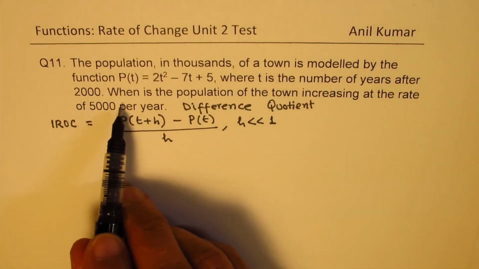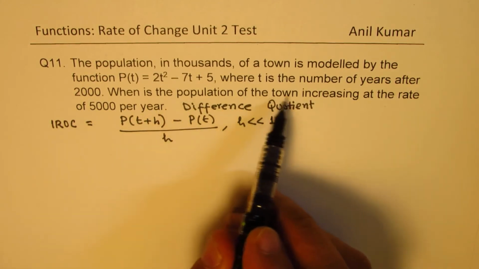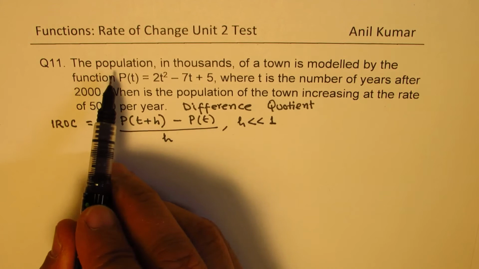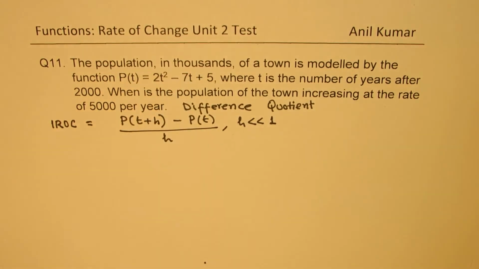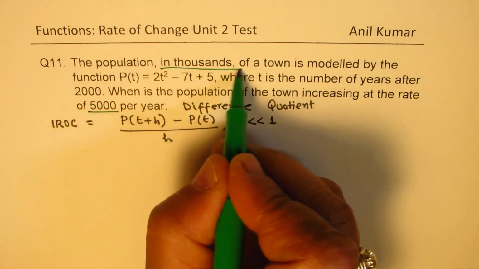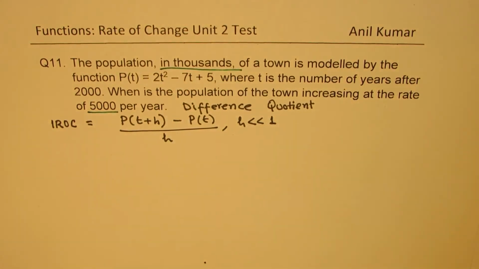So when we say, when is the population of the town increasing at the rate of 5,000 per year, now the population is given in thousands. So if you link these two, in this equation we have to use the value 5, right?